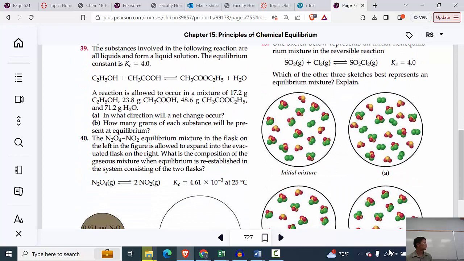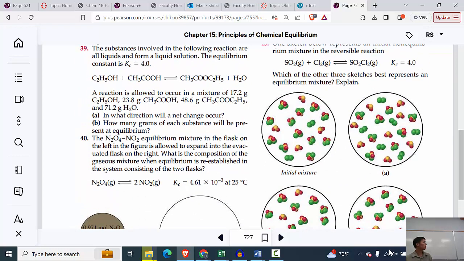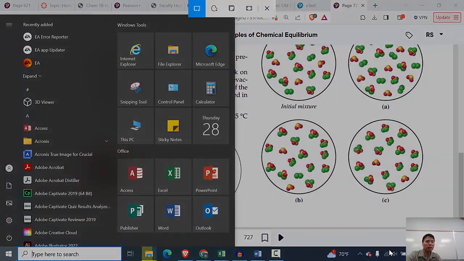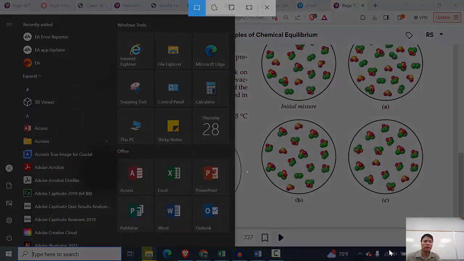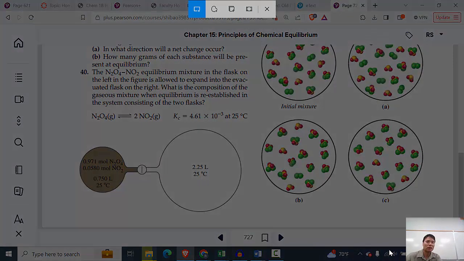And what we're going to do is something a little bit more complicated here. We're going to look at number 40. Number 40 is like a Le Chatelier's problem, but in Le Chatelier's, we typically do those qualitatively: what direction is it going to shift? This is a quantitative Le Chatelier's problem.